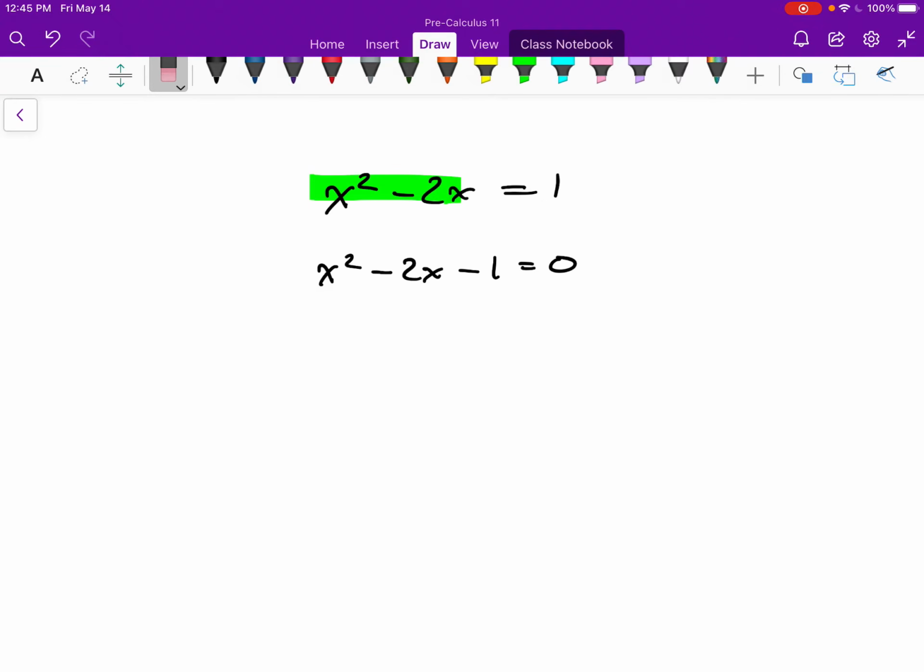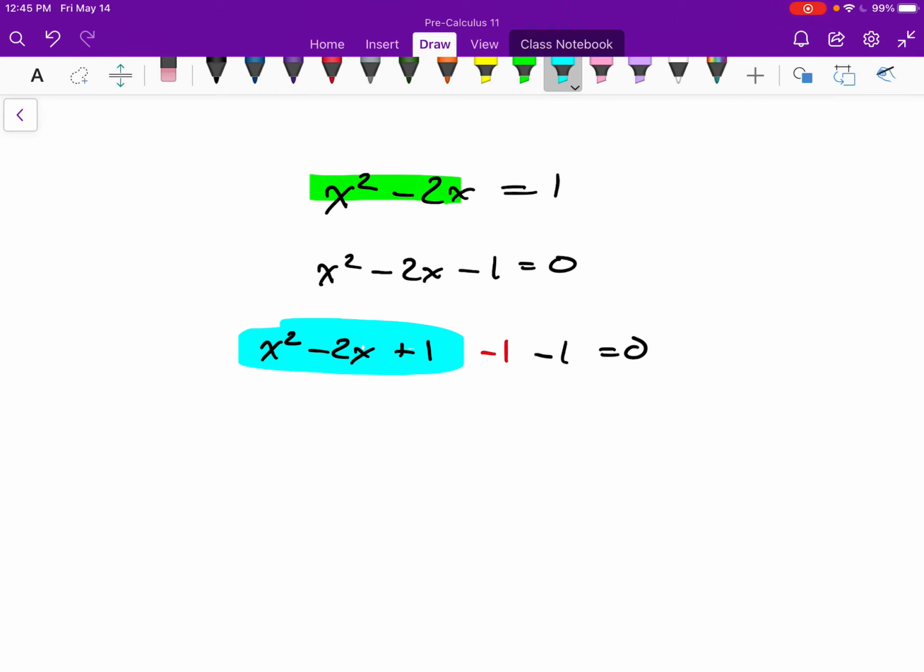I can take the first two terms, x squared minus 2x, the -1, leave it over here, create a perfect square right here. This would be a perfect square if I had a +1 right here. Again, I take the middle term, the -2, I divide it by 2 and then square it. -2 divided by 2 is -1, times itself is +1. And I have to balance this out by putting a -1 right here.